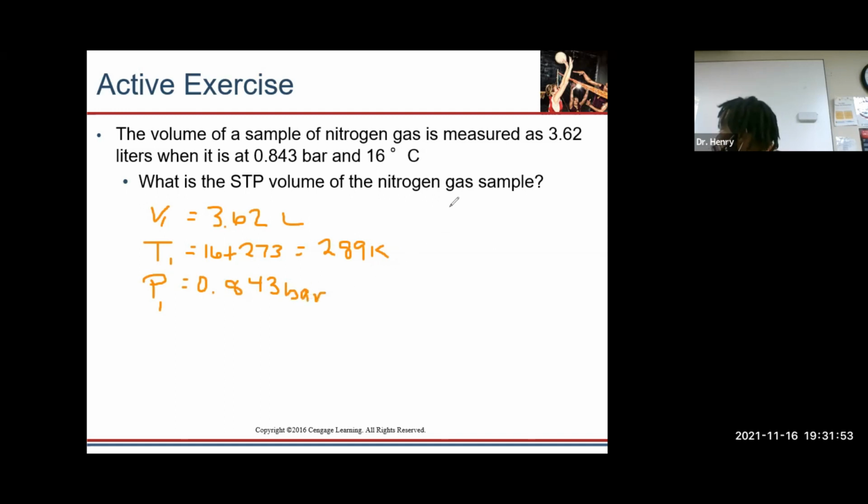Okay. So we're looking for V2. And it says, what is the STP volume of nitrogen gas sample? So what does that mean?